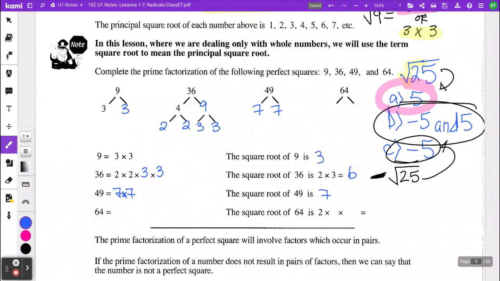And 64, we're going to get 8 and 8. But what does 8 break down to? 8 breaks down into 2 times 4, and the 4s break down into 2 and 2.